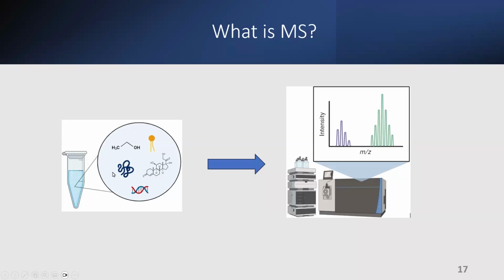And you can inject this sample inside the mass spectrometer for analysis to identify and quantify these molecules. So what principles do you see here? Just again, forgetting the content, but just in terms of thinking about the cognitive load and the presentation principles that we've talked about, what do you see in action here?